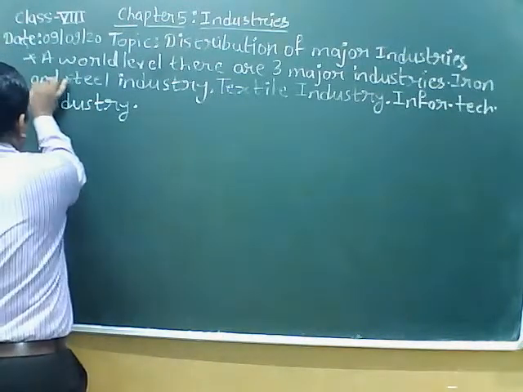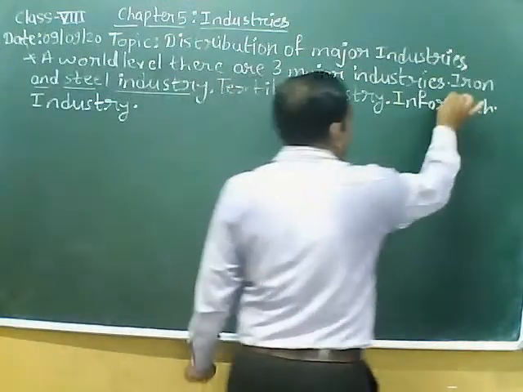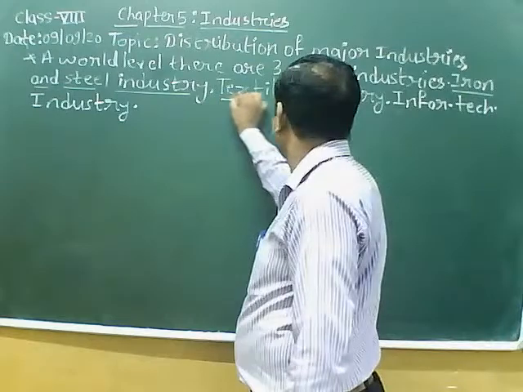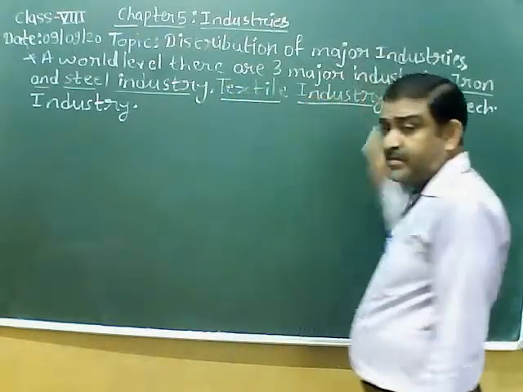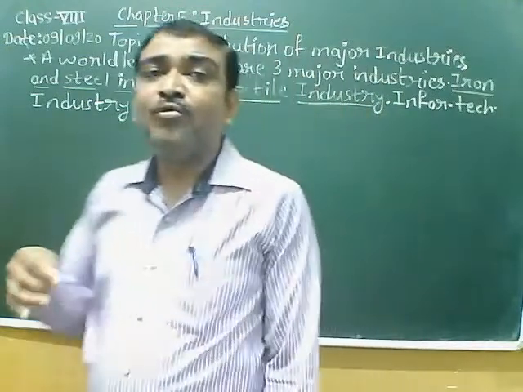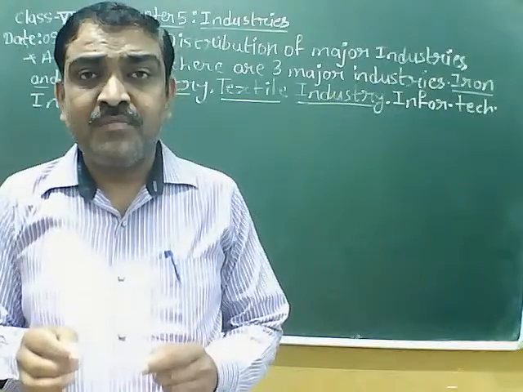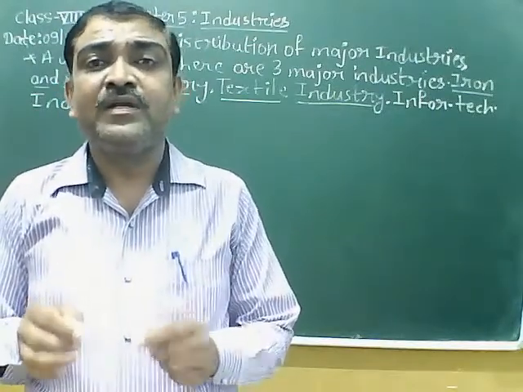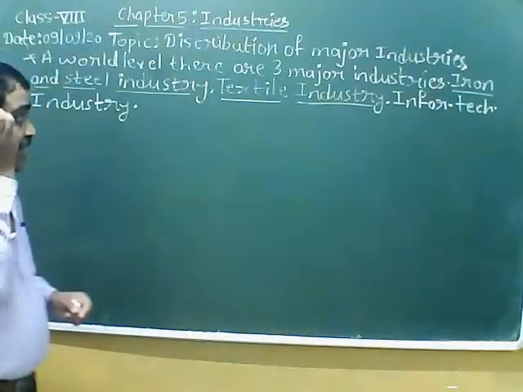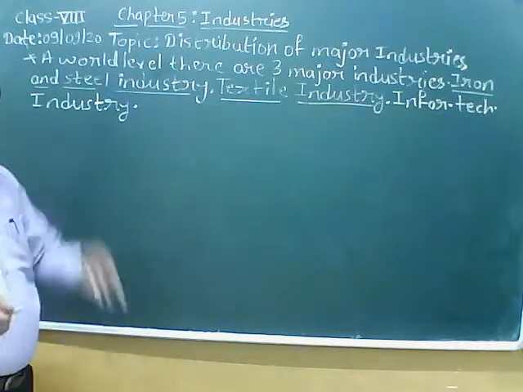Out of these three industries, the iron and steel industry and the textile industry are the old industries, in the sense that for more than 400 to 500 years these industries have been in existence in different parts of the world.